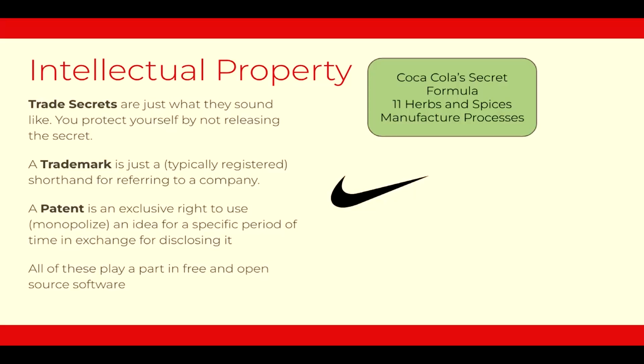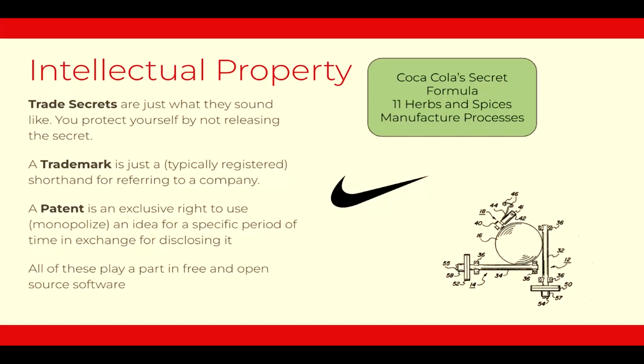What is this trademark for? Swoosh, Nike, right? The oldest trademark, by the way, is for Bass Ale. Look it up. The oldest trademark in the Western world is for Bass Ale, an English beer. Just a red triangle.